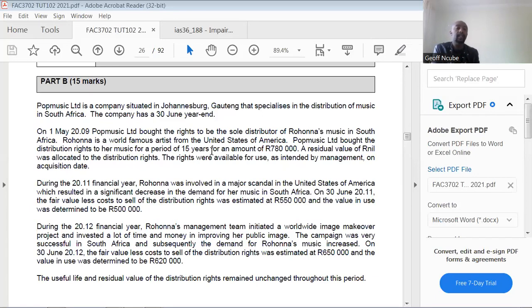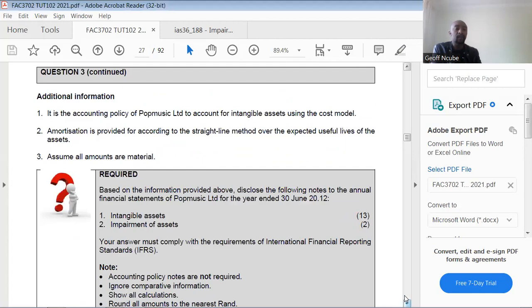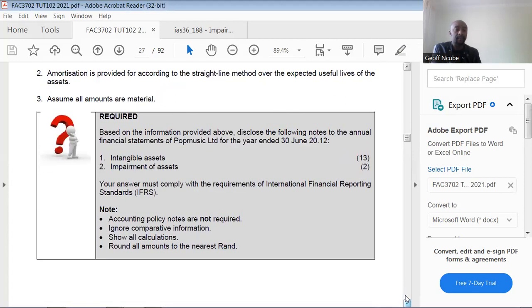So we shall do this example from the FAC 3702 question 3, part B. So it reads as follows. When you're doing a question, always start with the required. Based on the information provided above, disclose the following notes to the annual financial statement of Pop Music Limited for the year ended 30 June 2012.